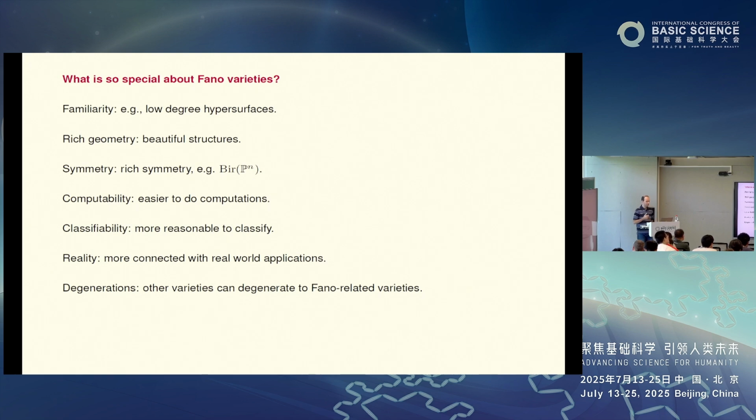Okay, so what is so special about Fano varieties? Why should we focus on this class where the anti-canonical bundle is positive? Why not on the class where the canonical bundle is positive? Well, that's because Fano varieties enjoy some really special properties. First of all, they are the most familiar varieties when you start to learn algebraic geometry.